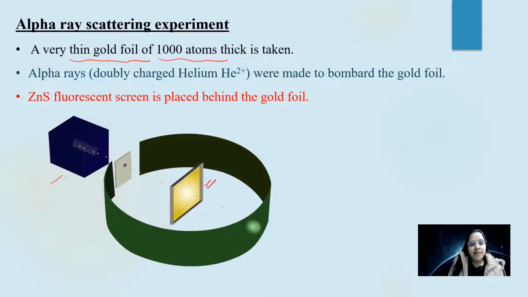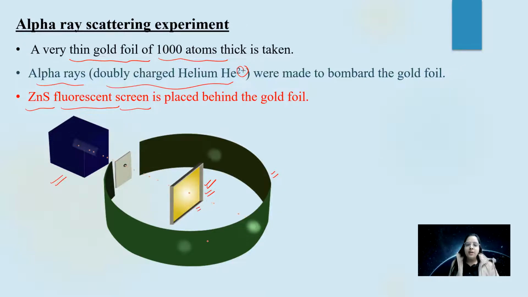The alpha rays, which are highly positively charged rays having two positive charges, were made to bombard this gold foil. And this circular path is a fluorescent screen made up of zinc sulfide, placed behind your gold foil.